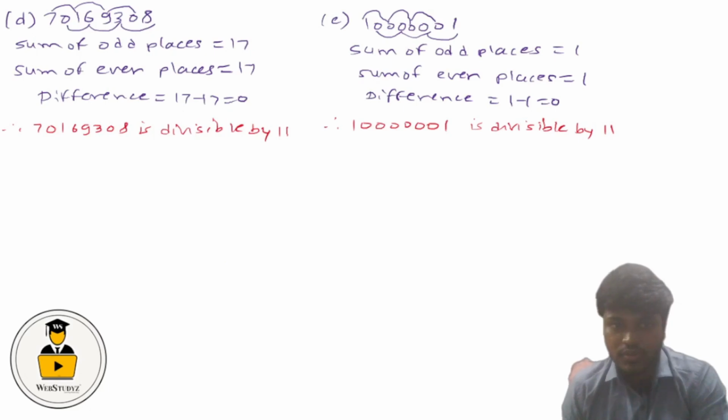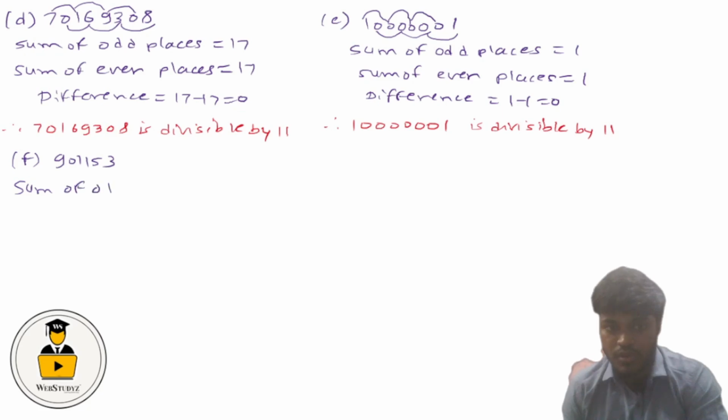And the last example is 901153. Sum of odd places: it will be 9 plus 1, which is 10, 10 plus 5, which is 15.